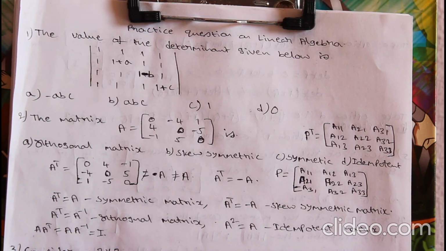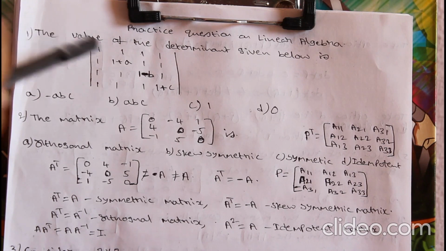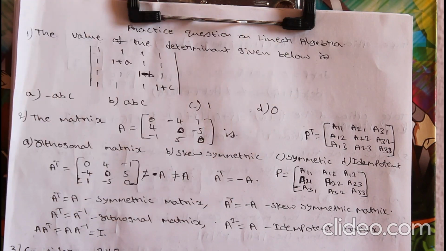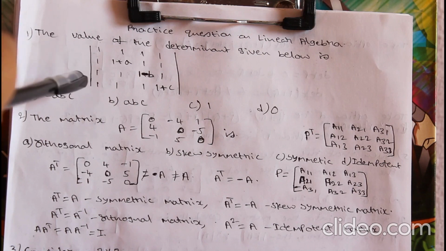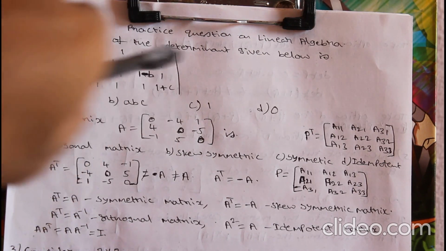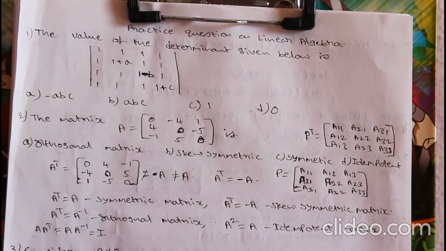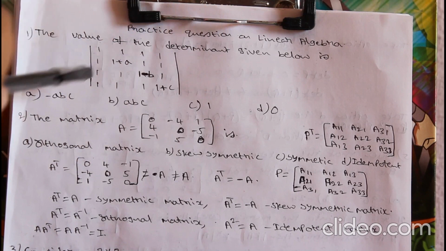See, I will show one example. In the previous video, I told you this question: the value of the determinant given below is, and a 4x4 matrix is given, and you are asked to find the determinant value. If you go by the normal procedure, how do you solve the determinant of this 4x4 matrix?